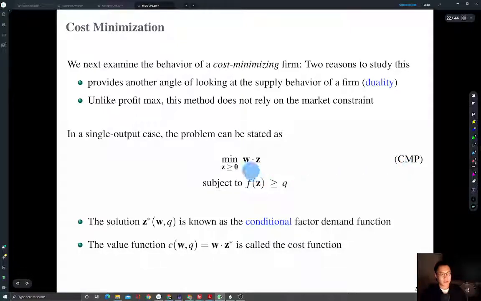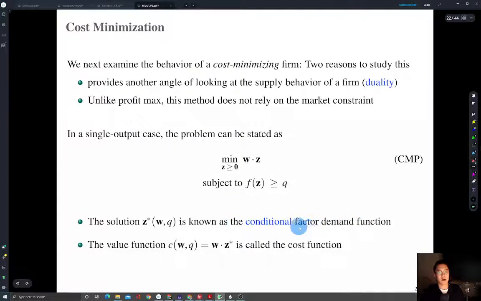The solution to this problem depends on two parameters: the input price vector W and the target quantity Q. Because this input demand depends on the target quantity, it is known as the conditional factor demand function.